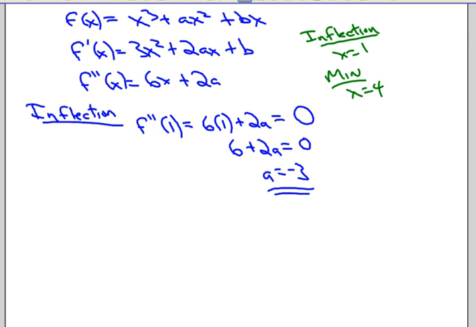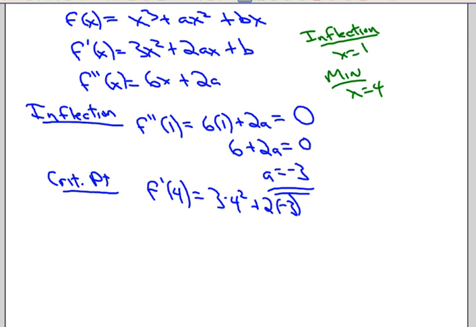Second part, we've got a min. And so we'll look at our critical point here. We've got a min when x equals 4. So I go back to the first derivative, and I'm going to sub in 4. So I get 3 times 4 squared plus 2 times, I just found out a was -3, times x is 4, plus b. And this whole first derivative at x equals 4 needs to equal 0.